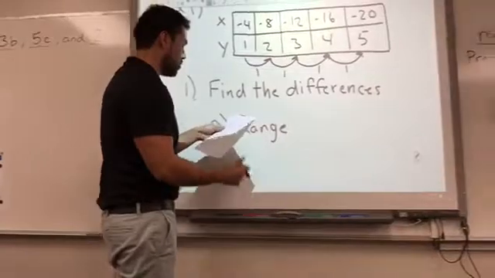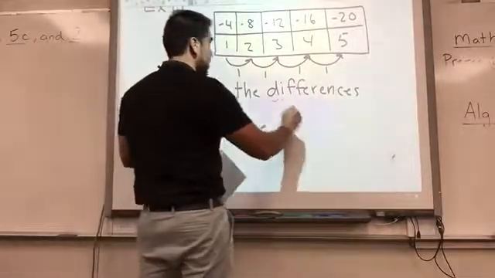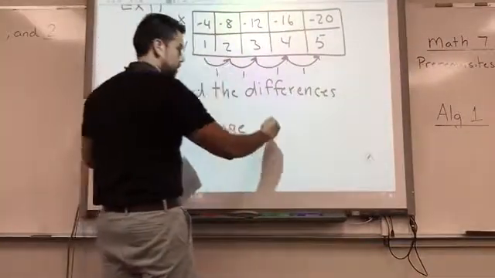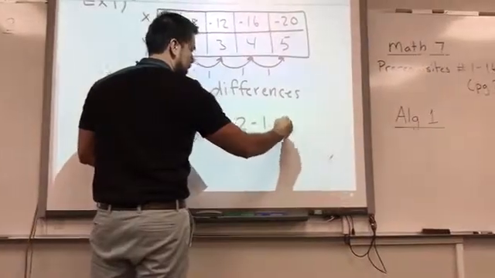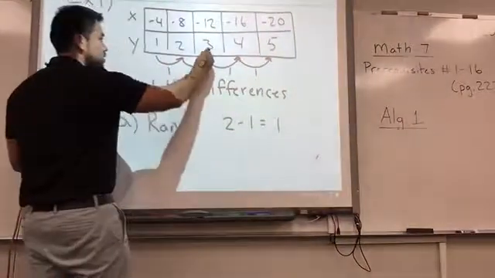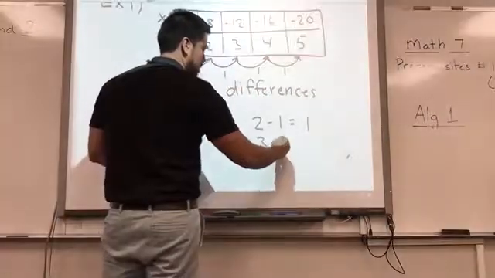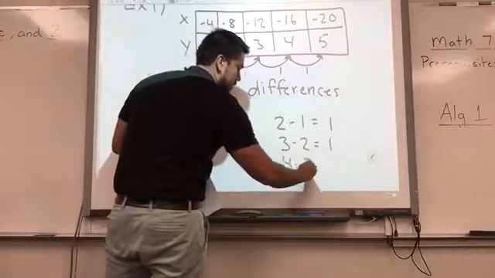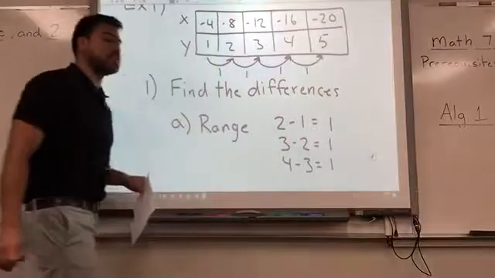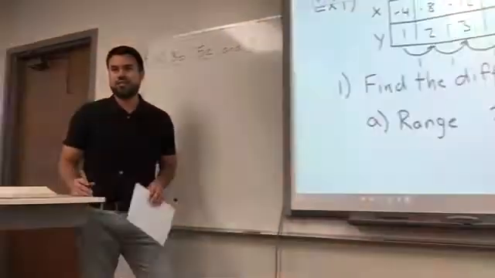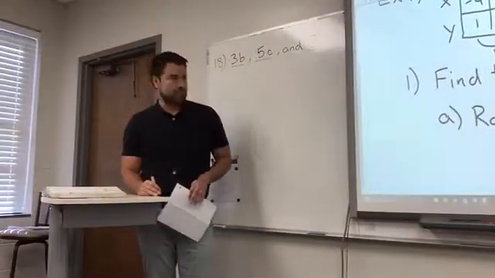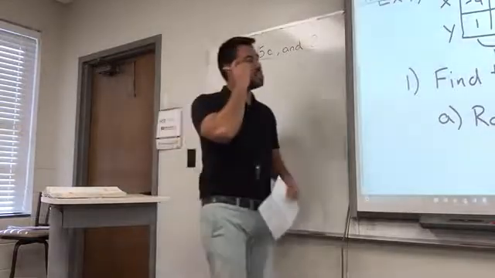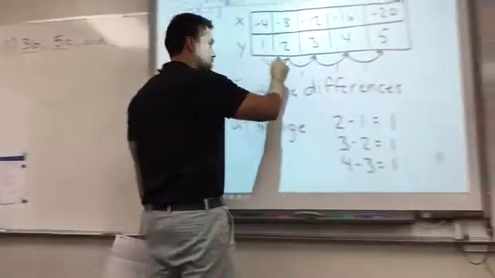So the range, in order to find that out, I would do 2 minus 1. What's 2 minus 1? 1. What's 3 minus 2? And then what's 4 minus 3? Okay, so you see how we're just doing that subtraction to find the difference. You guys see that? Okay. So the differences in the range values are 1.